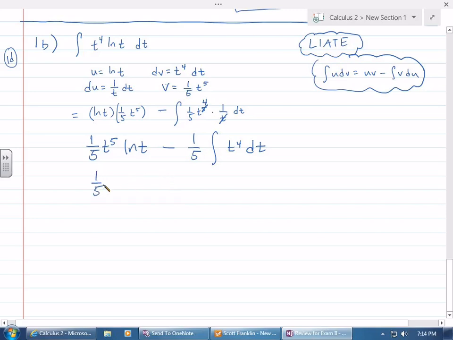So that's 1/5 t to the fifth, natural log of t, minus 1/5, and now the integral of that is... so I would write the final answer in simplified form. 1 over 25, t to the fifth, plus c.